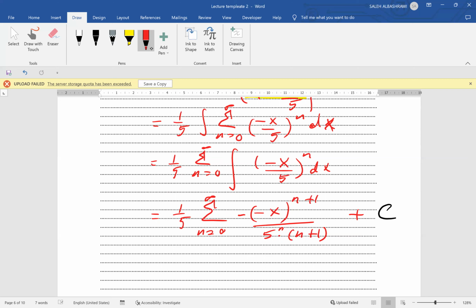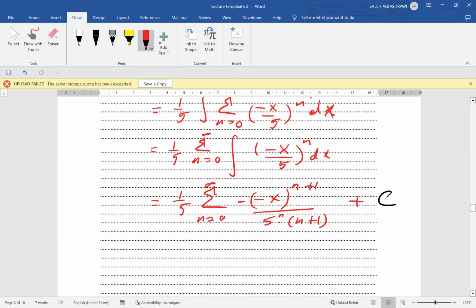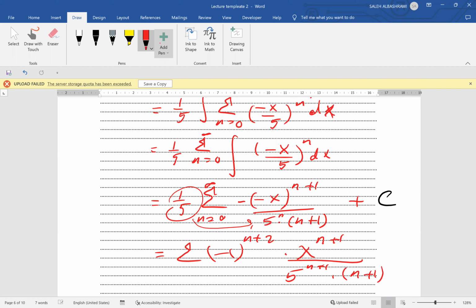So we can simplify it more to write it as sigma of minus 1 to the power n plus 2 multiplied by x to the power n plus 1 divided by 5 to the power n plus 1, because I will take this 5 inside, multiplied by n plus 1, plus the constant.